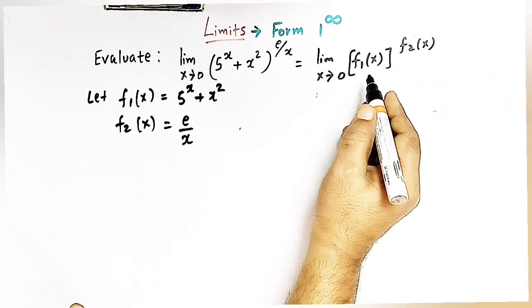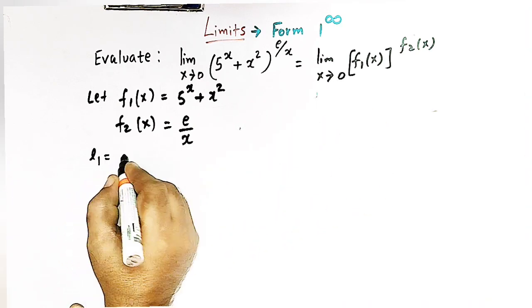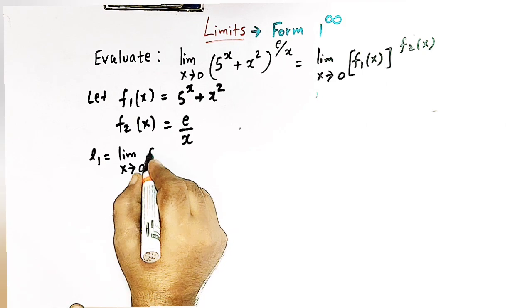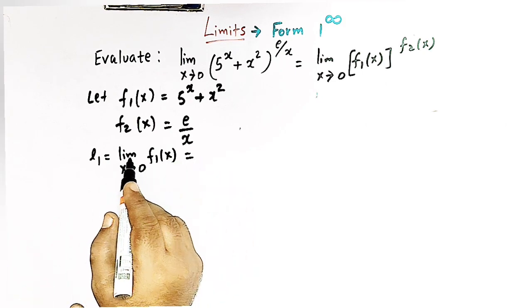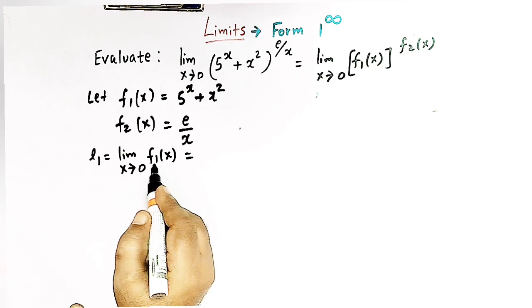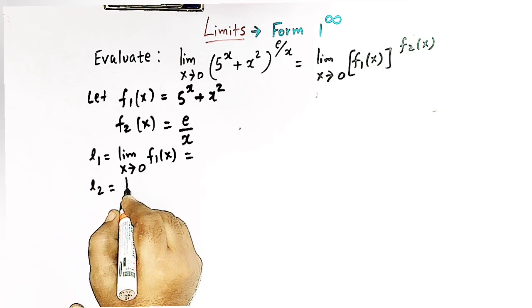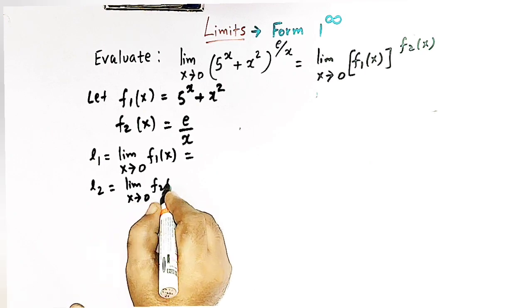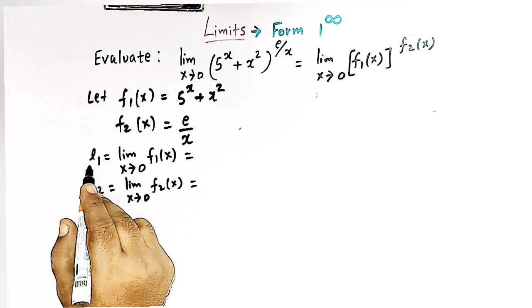So now what we will do, we'll first find the limit L1, that is the limit x tends to 0 of f1(x). So we are denoting the limit x tends to 0 of f1(x) by L1, and L2 by limit x tends to 0 of f2(x). So let us first calculate L1.